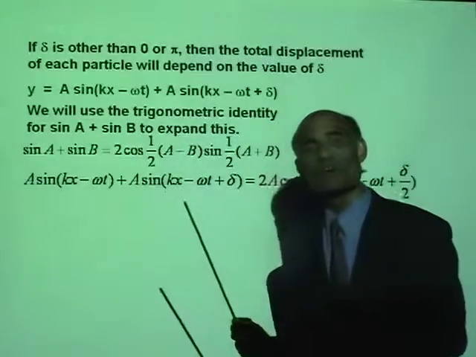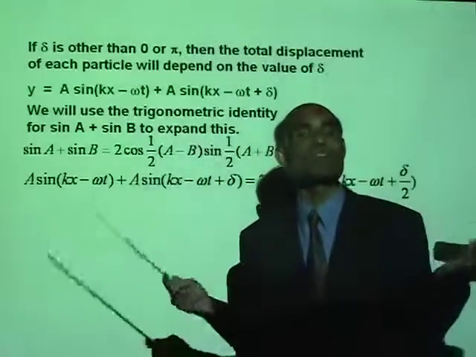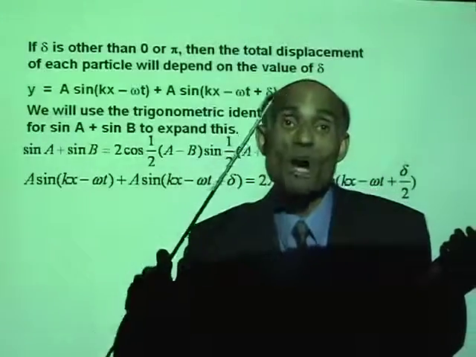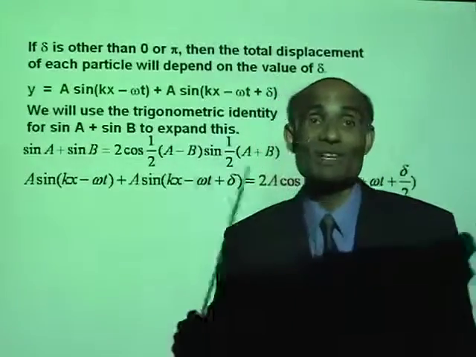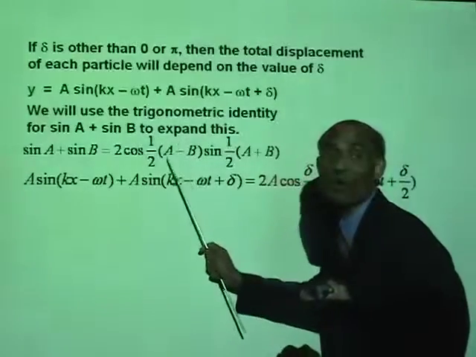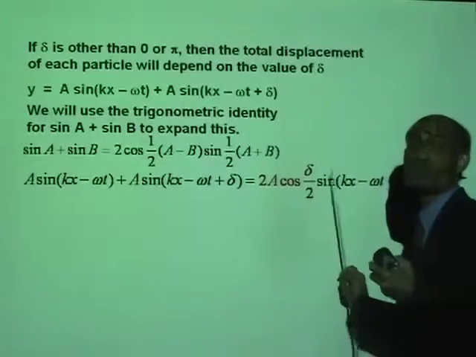And you should also know that cos of negative delta is the same as cos of delta. You know why? Because cos is positive in the fourth quadrant. So this is actually cos of negative delta over 2, which is the same as cos of delta over 2.